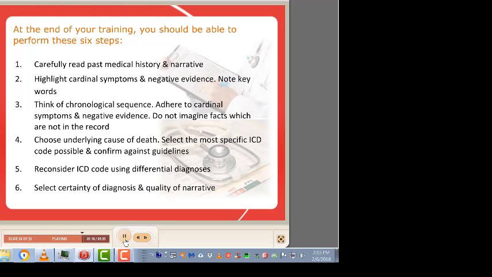Select certainty of diagnosis and quality of narrative. With consistency and repetition comes mastery. It is imperative that you always repeat these 6 steps for each record. You will become a good and fast coder if you rely on your clinical judgment and always follow these same steps.